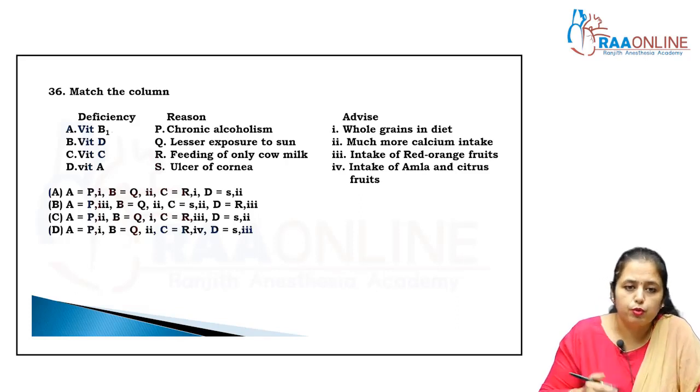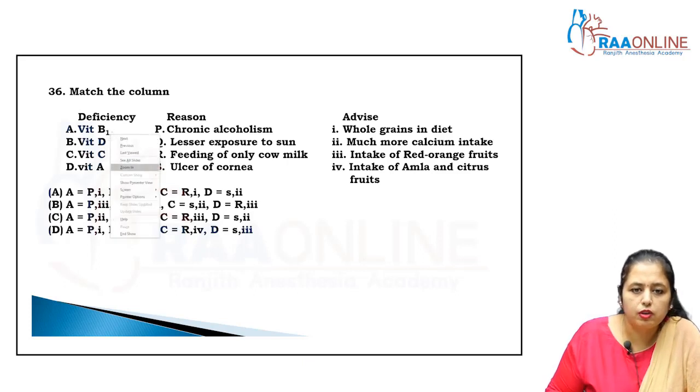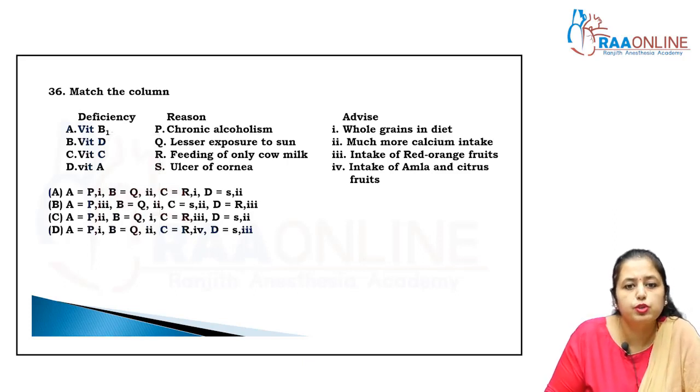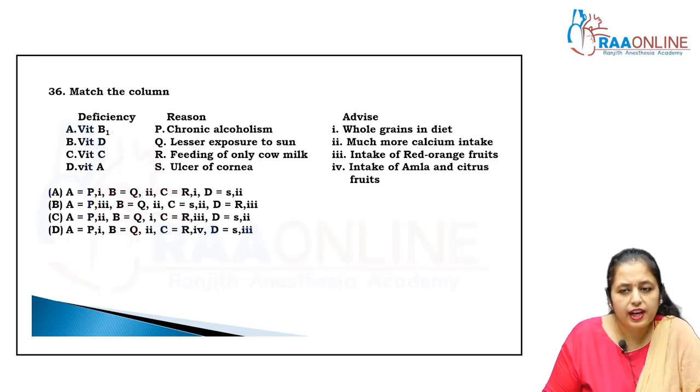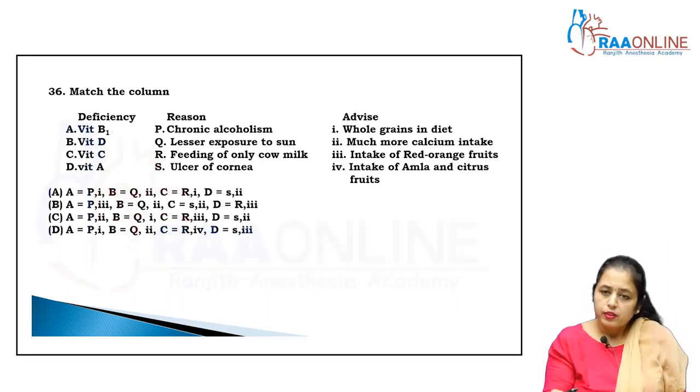If there is a deficiency of vitamin B1, then what will happen? It is due to chronic alcoholism, right? And whole grains and wheat in the diet should be taken, right?